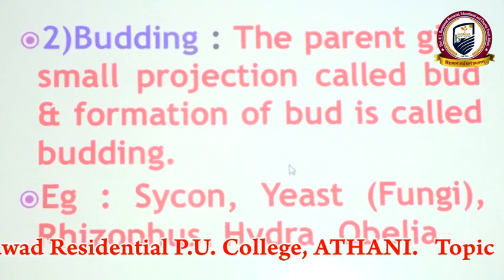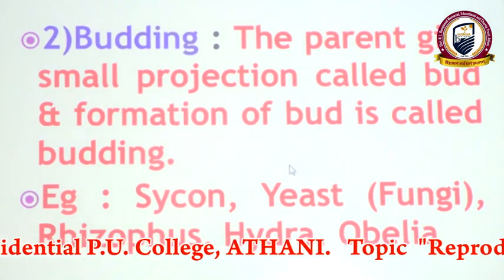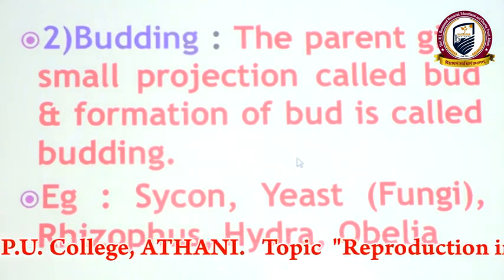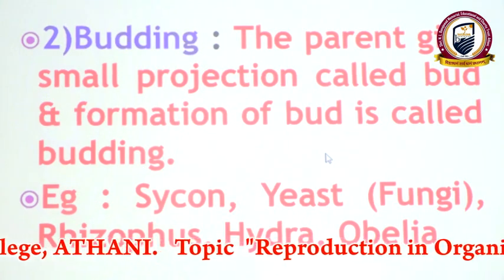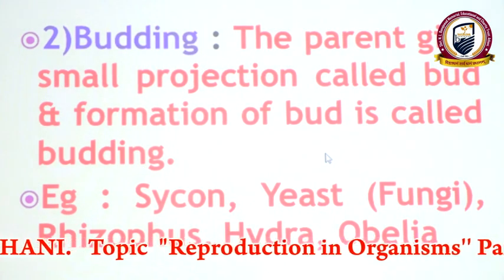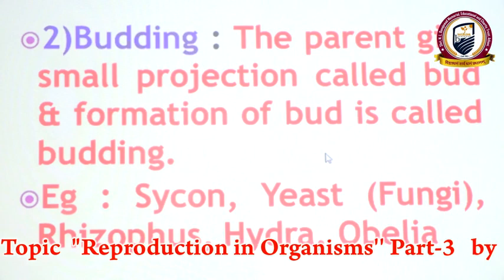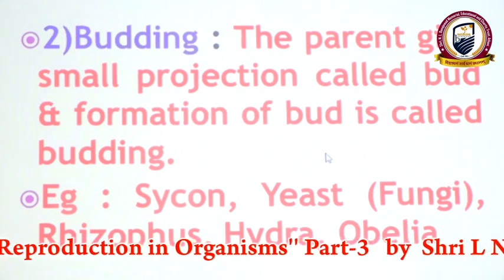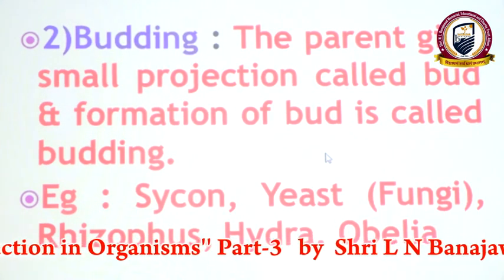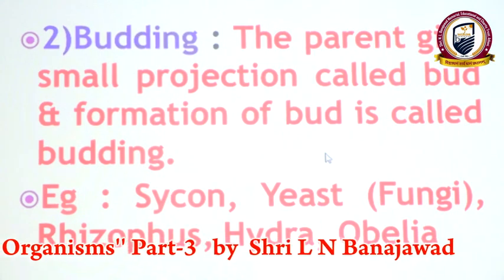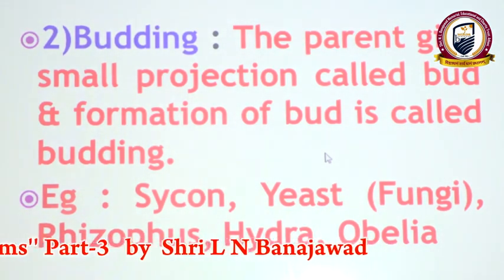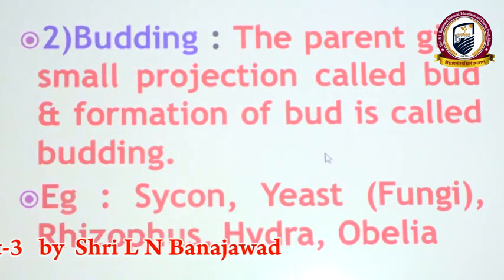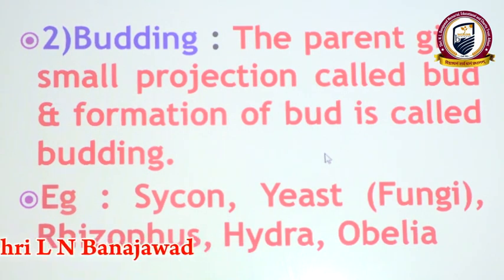Yes, I will go through some slides here. Already I explained in detail. Budding is seen in the case of yeast, hydra, obelia, sycon, where the parental body gives a small projection that itself forms a bud. The bud is loosely linked and gives rise to a new plantlet or new young one.